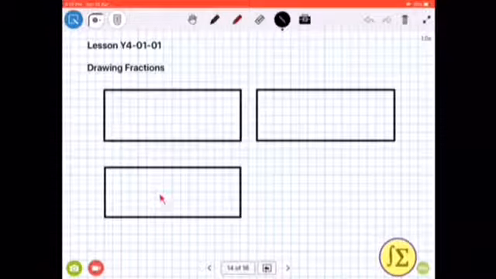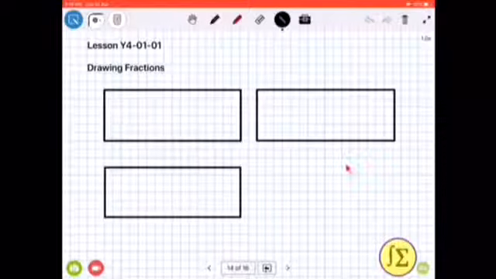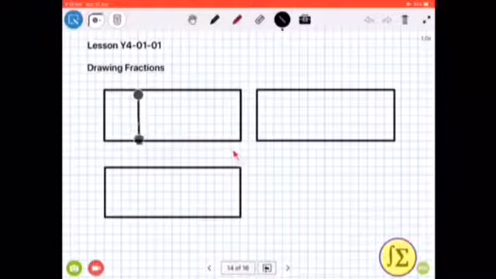So if the problem or the question does not specify what shape to use, I would rather use a rectangle to show the fractions. Okay, so let's look at this rectangle over here. I'm going to show 1 over 4, right? Okay, so first I'll draw my lines.